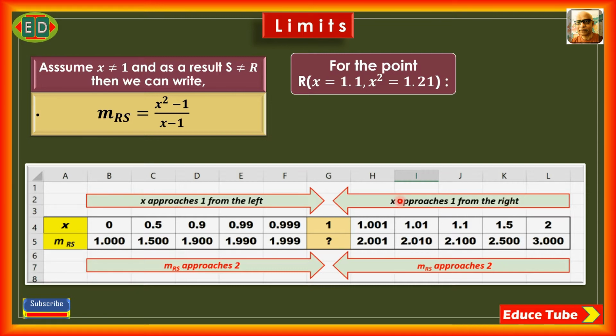Here, for the point S, its x is 1.1 and x square, the value of y, equals 1.21.